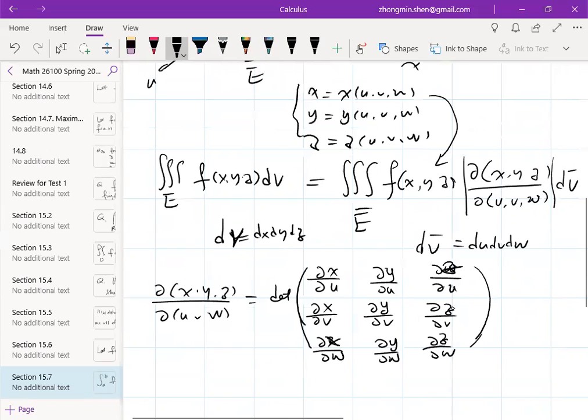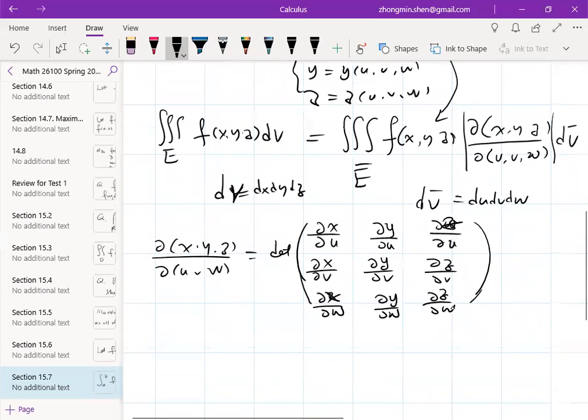So you have to compute this matrix, then find the determinant. So you get a function of u, v, w. So this is a very general formula.